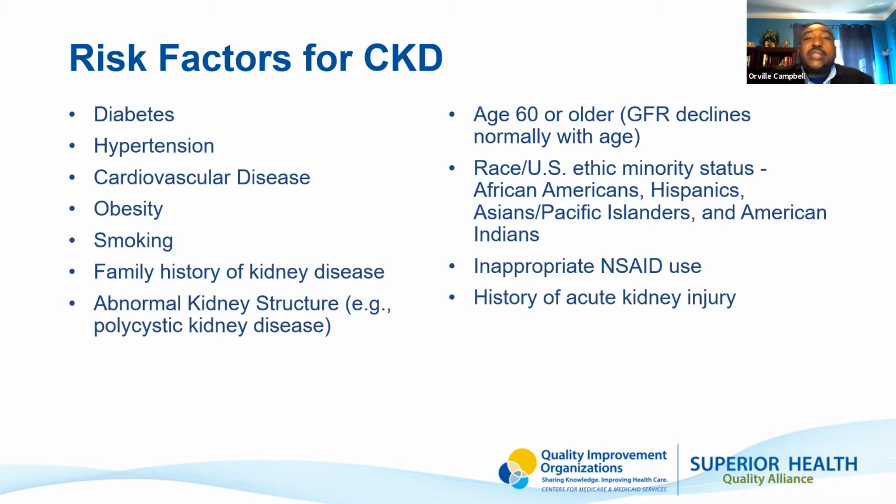Race, U.S. ethnic minority status: African Americans, Hispanics, Asians, Pacific Islanders, and American Indians. The reason is not that GFR declines because of race, because we've now excluded race from the calculation of GFR. It's been accepted by the American Society of Nephrology. So that's been kicked to the curb, or should be kicked to the curb.